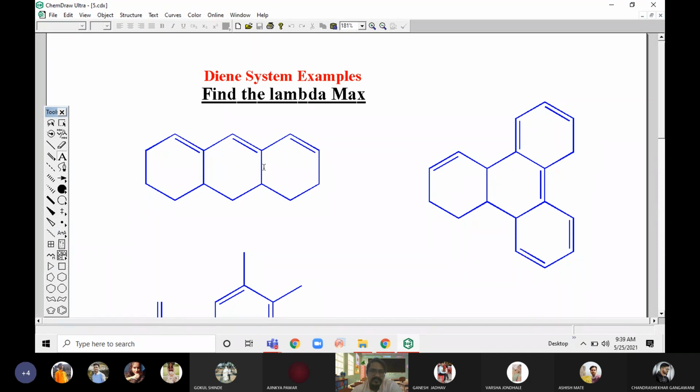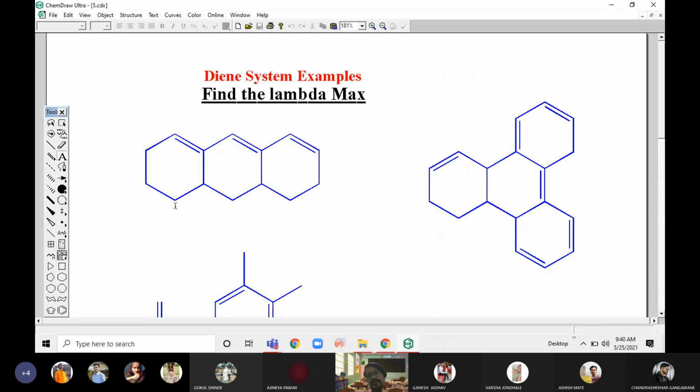See now this ring system. It is not in front of you on the screen, but still you have to write like this. See, here the base value will be 215. There is no homoannular, because 2 double bonds are not present in a ring, so 0. But in extended conjugation, this is a Diene system which is attached to one further extended conjugation, right? So this is 30 nanometers. For finding the exocyclic bond, we will go for this ring.